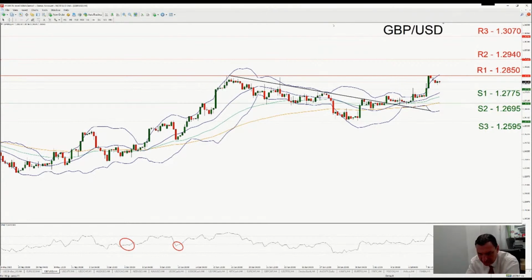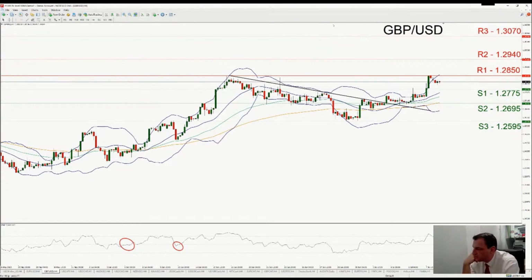So that may maintain the hawkishness of BOE intact. On the other hand, though, the possible drop of the employment change figure may weaken the pound. So it's going to be a nice question mark of what's going to be happening during tomorrow's early European session.